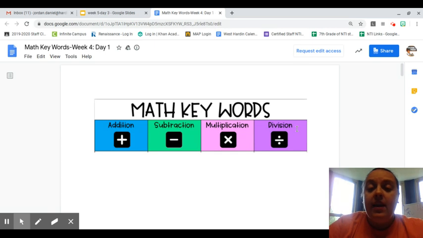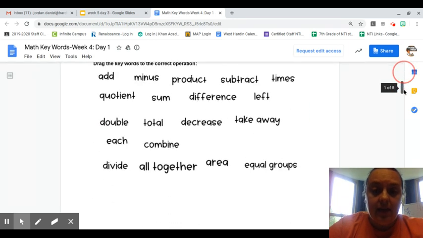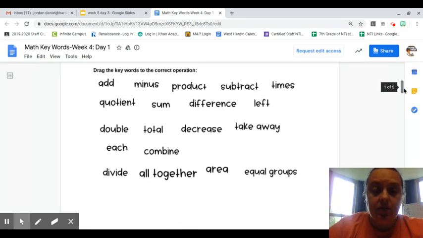Now, those items you probably know or know some part of, but since we do a lot of word problems, we kind of struggle if we don't know exactly what we're doing. So today's assignment has you take these keywords at the bottom and move them. You're just going to click them and drag them to where they go above.